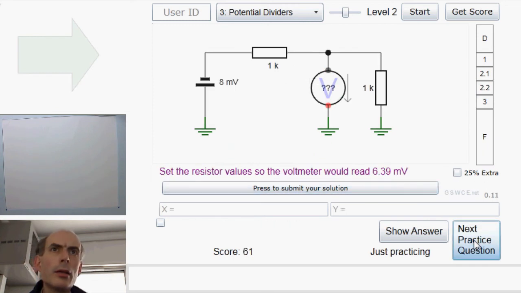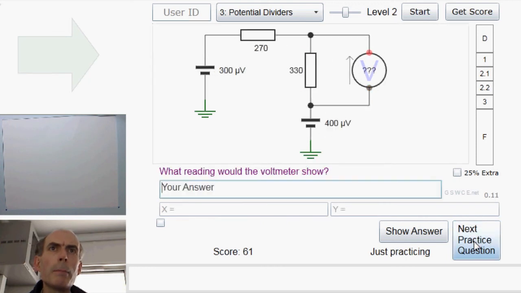Great. See if there's another one. We've done something like that before. Slightly more interesting one perhaps, in that we've got here a voltmeter across a resistor, but two voltage sources in this potential divider, and one of them is upside down. Remember, the long lead is the positive terminal.